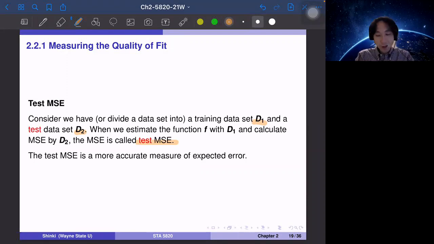But of course, in a real example, suppose we have 200 observations. If we want to divide this into D1 and D2, the training set becomes smaller. So actually, it is a disadvantage, right? To fit the data, we only have 100 observations. So we have a trade-off. If we use the test MSE, conceptually it's better, but we have to halve the sample size.